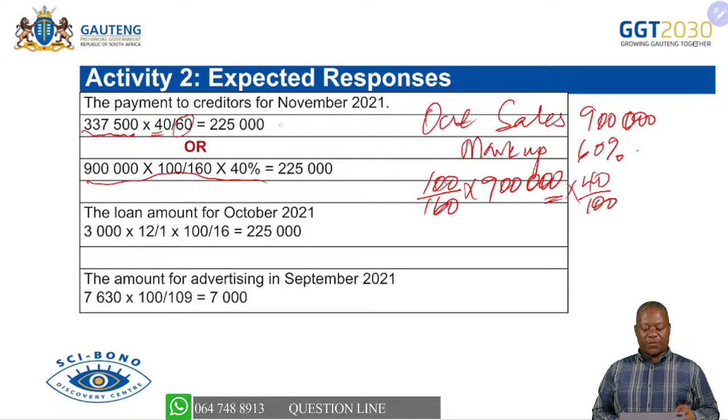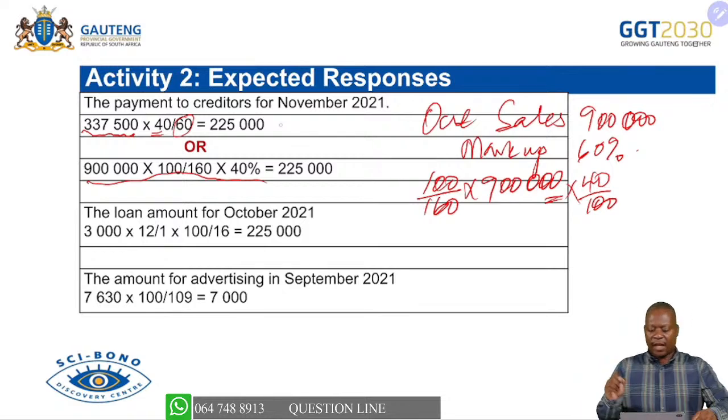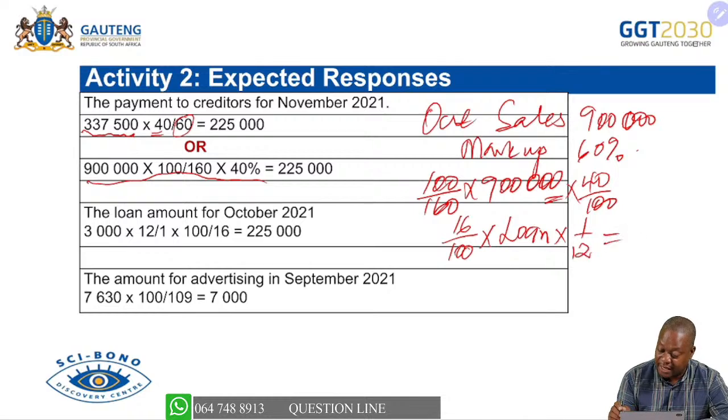Now, let's move on to the loan. They want us to find the loan amount. And I'm saying the loan amount is always linked to the interest on loan. Remember what we always say. They said 16%, so we can safely say 16 over 100 times the loan times 1 over 12 is equal to the interest, which we are given as 3,000.